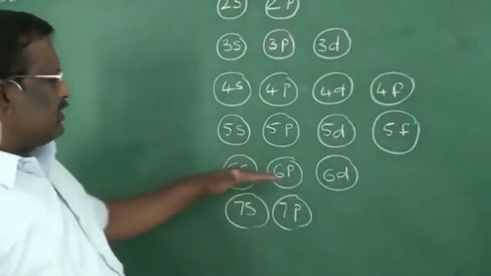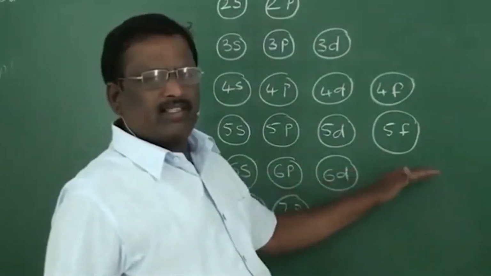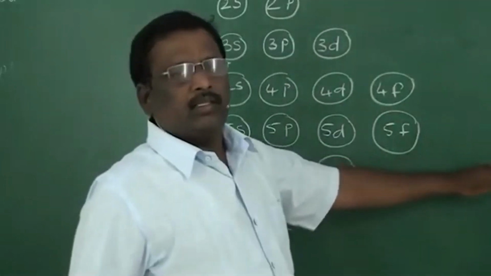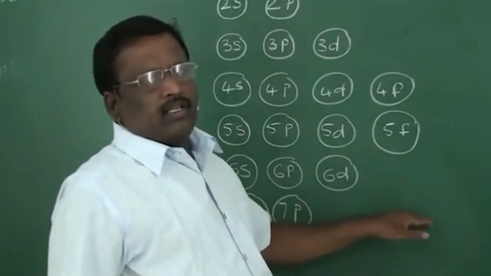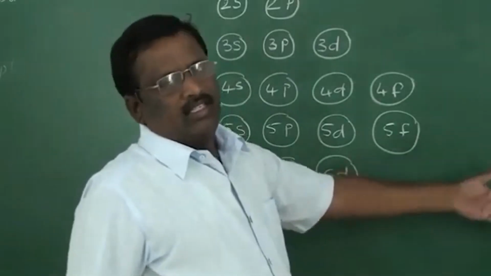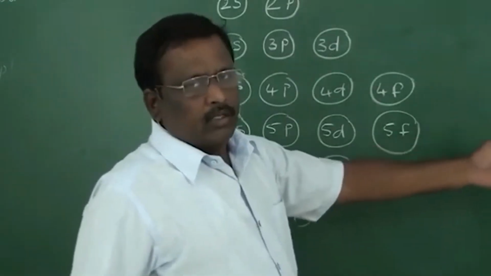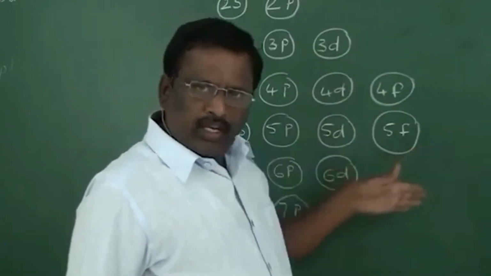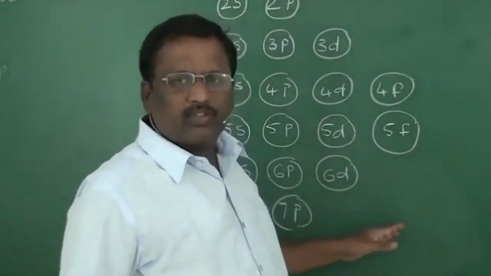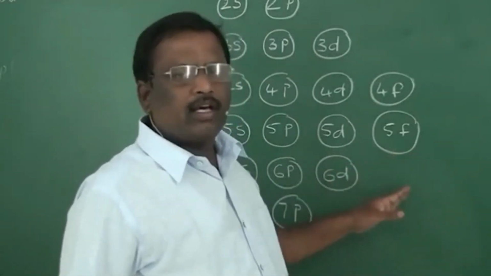But in the sixth energy level we also have sub-energy levels 6f and 6g, and 7d, 7f, 7g, 7h are also present. But for the atoms discovered so far, there is no need to enter into these orbitals. That's why I am not mentioning them.